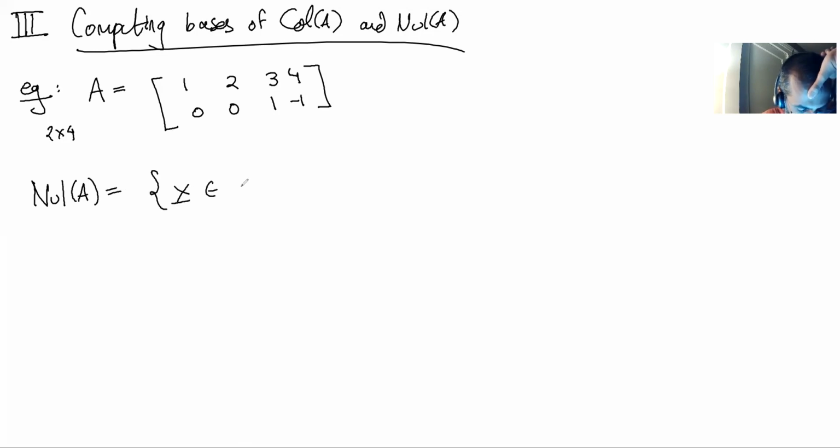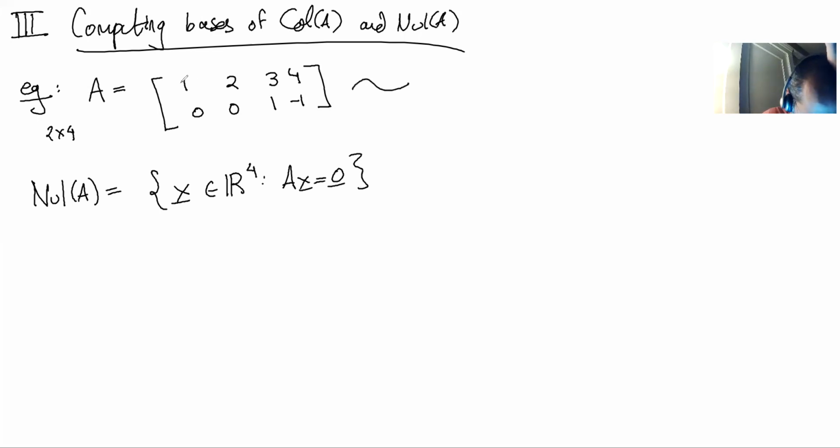In this case, where will they live? It'll live in Rn. Right, but in this case, what is n? 4. Set of vectors in R4 so that Ax equals 0. So that's just a solution set, right? So I know how to find a solution set.